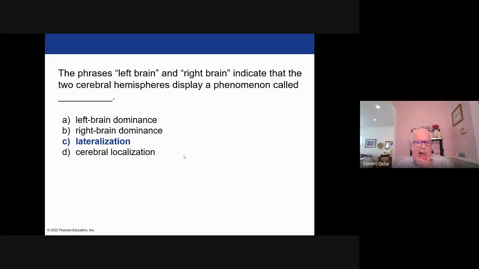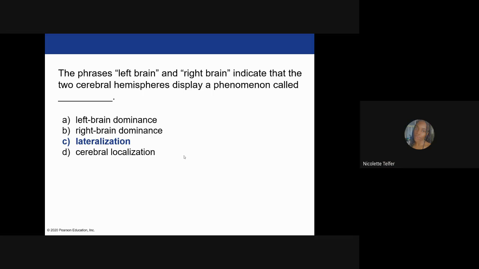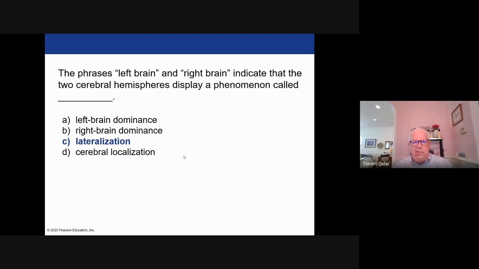Remember, 90% of the people are left-sided brain dominance, and 10% are right-sided brain dominance. And lateralization really means that one side of your brain controls your life. If you want to be an artist, or if you are an artist, it's basically on the right side of your brain. Okay.